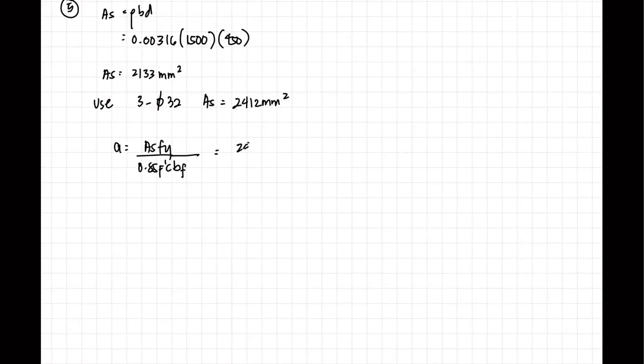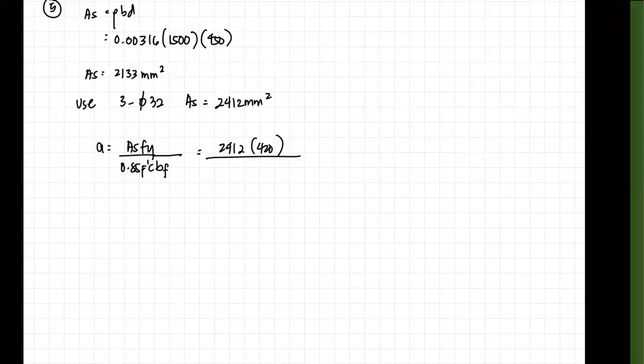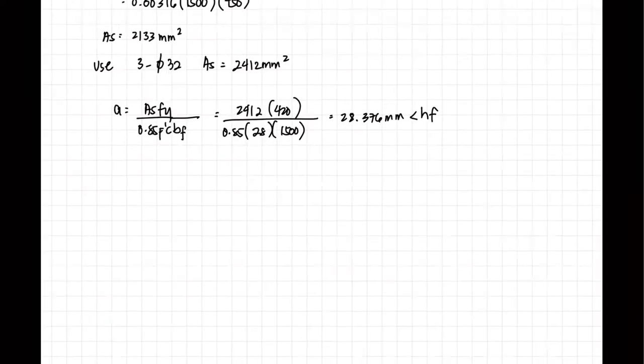So we have 2412 times 420 all over 0.85, f'c is 28, then we have 1,500. So that is 28.376 mm, which is indeed less than dun sa height ng flange natin. Therefore, okay.